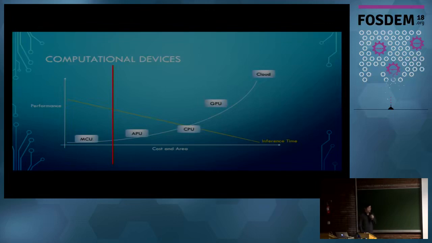What we have seen is that for most machine learning, well, training is a bit different, but for inferencing, most machine learning stuff has been relying on the right-hand side of the slide here. So you get cloud, you get GPU, CPU, APU here. But there has been a barrier really to move inferencing from all the good stuff onto the MCUs.